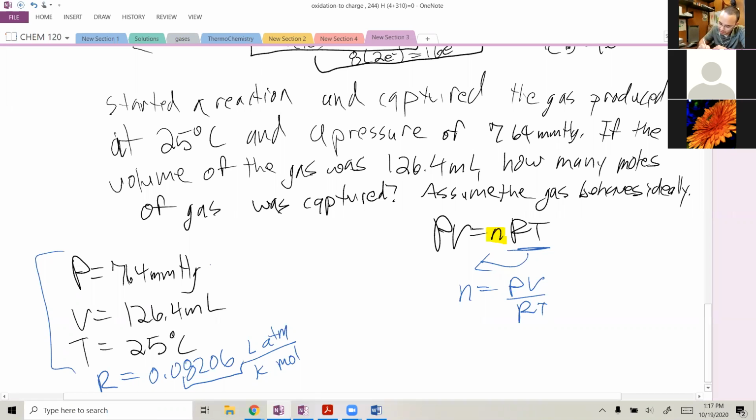So what do we need to change our pressure into? Atmospheres? ATM, very good. So we need to divide that by 760. And so that becomes 1.00526 atmospheres. And how many significant figures should we record that to?